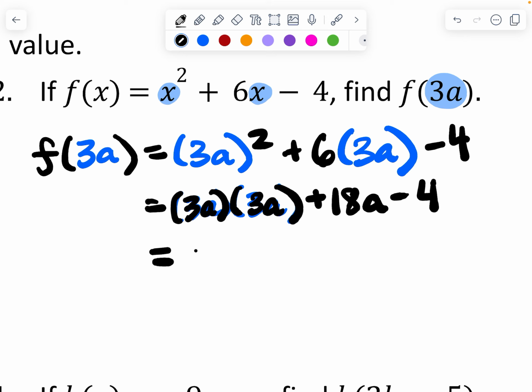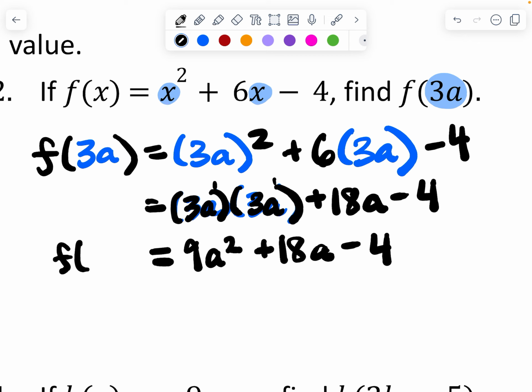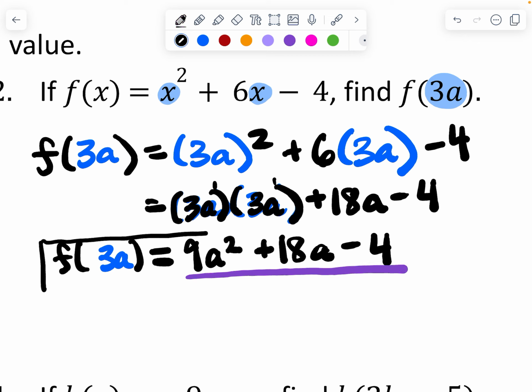Well, 3 times 3 is 9, and a times a, remember the little exponents of 1, you need to add them together. That becomes a squared plus 18a minus 4. And that is as simple as I can get it, so we're going to leave it just like that. F of 3a equals 9a squared plus 18a minus 4. And that is your answer.